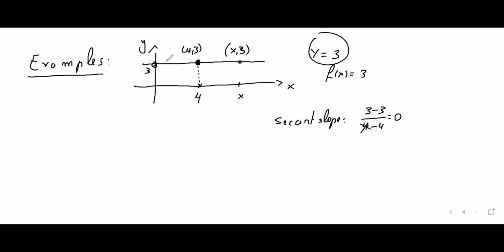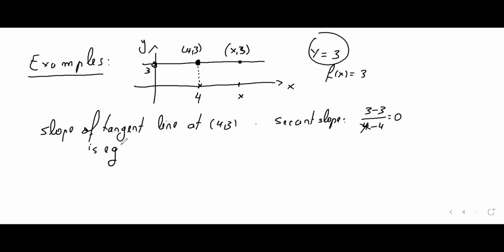So the slope of the tangent line here will be 0. The tangent line will be the same as the line you started with, the graph. So the slope of the tangent line at 4 comma 3 is equal to 0.